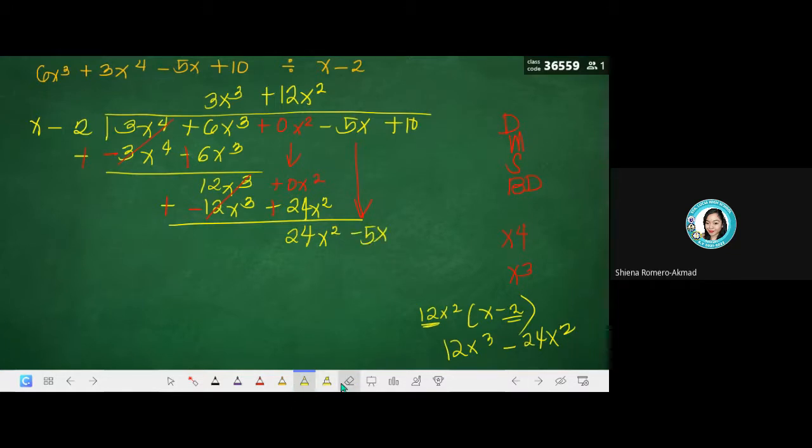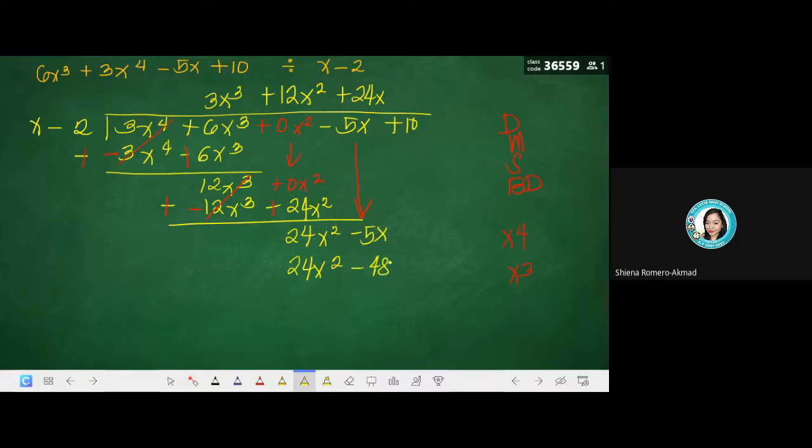Okay? So, magbawas lang ulit tayo sa exponent ng variable x. So, ano yung magiging exponent niya? Magiging x na lang. So, 24x. Multiply mo ulit doon. 24x squared. 24 times negative 2 is negative 48x.